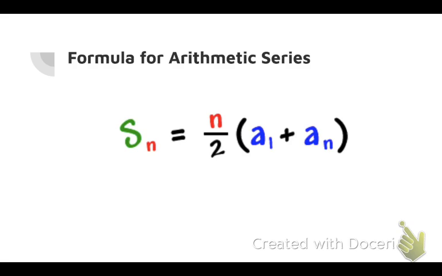So if you were adding 10 terms together, n would be 10, divided by 2, and then it's multiplied by the first term added to the last term. So if you're adding up to the 10th term, you would add the first term to a sub 10, the last term, and then that gets multiplied by 5 because 10 divided by 2 is 5.